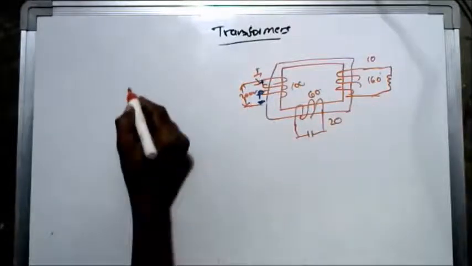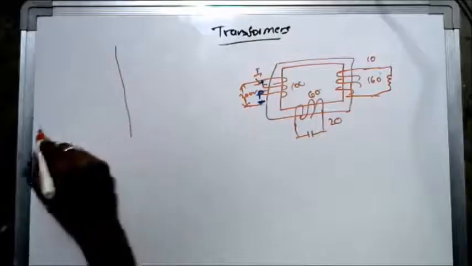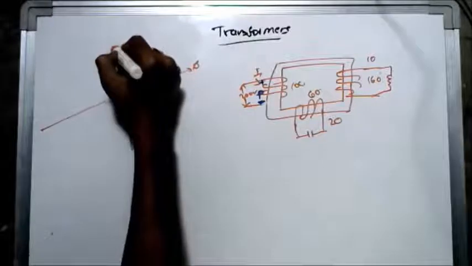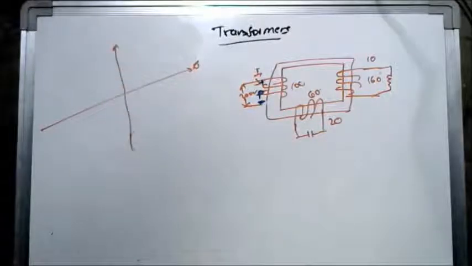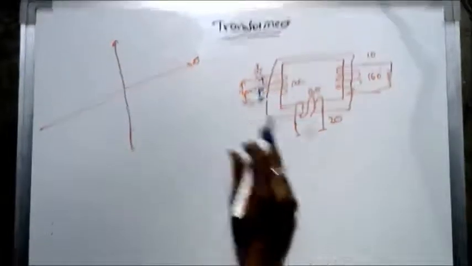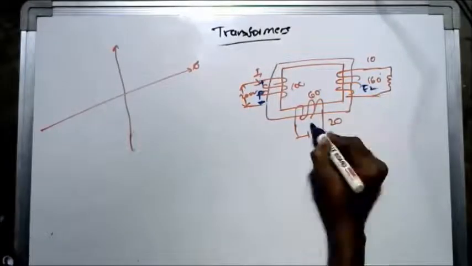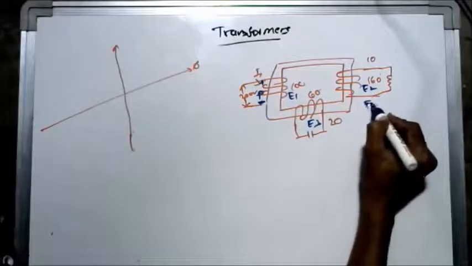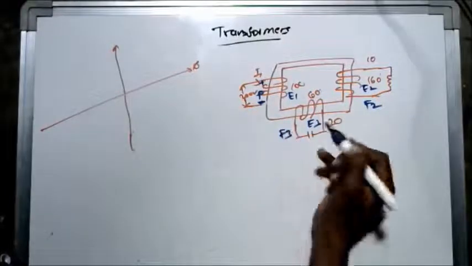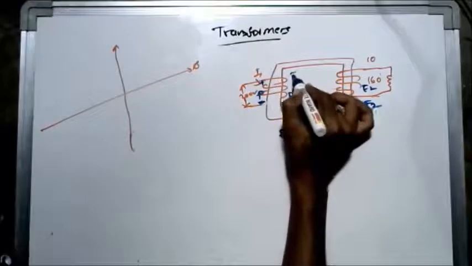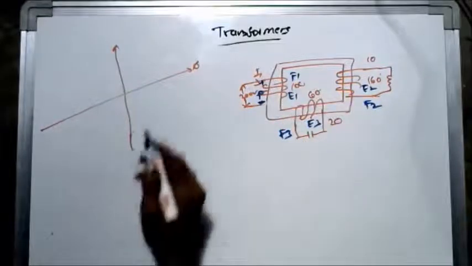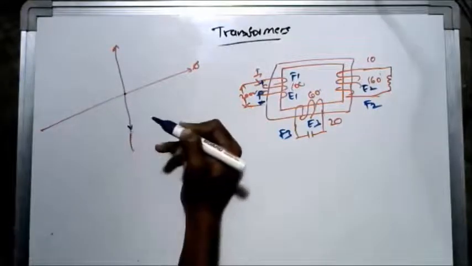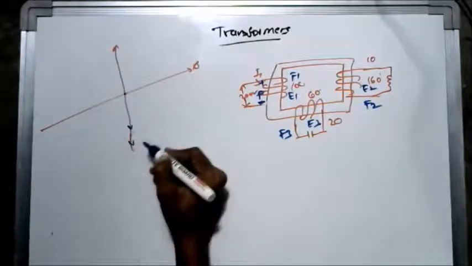So first take the phasor diagram. This is phi. Now the voltages E2, E3, E1 and the MMFs F2, F3, F1. E2 is in this direction and E3 also in this direction.